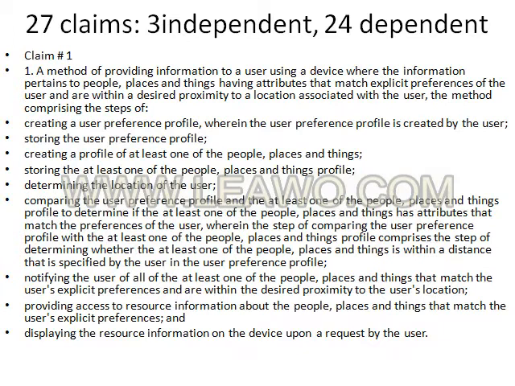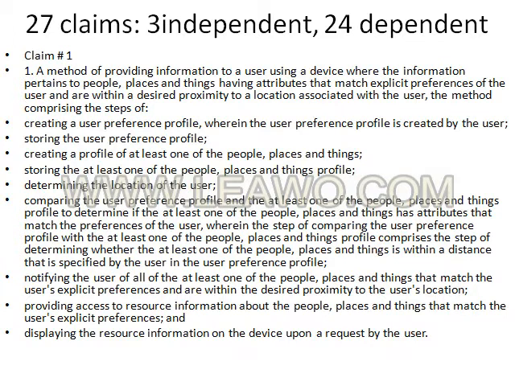So claim number 1 says: a method of providing information to a user using a device where the information pertains to people, places, and things having attributes that match explicit preferences of the user and are within a desired proximity to a location associated with the user.